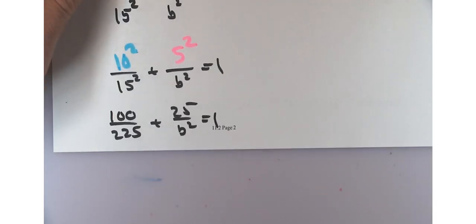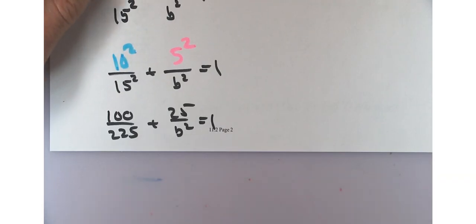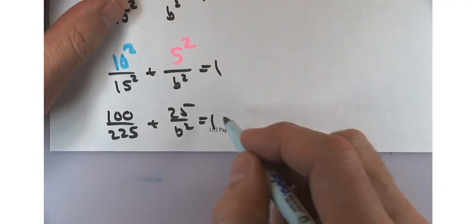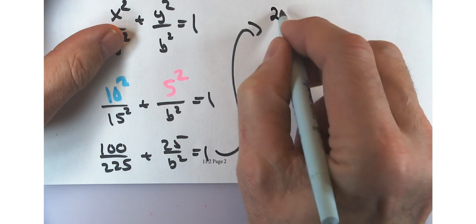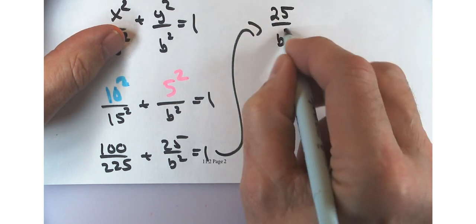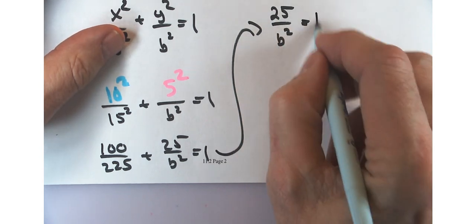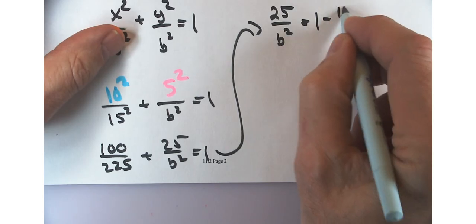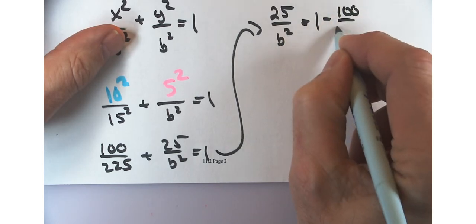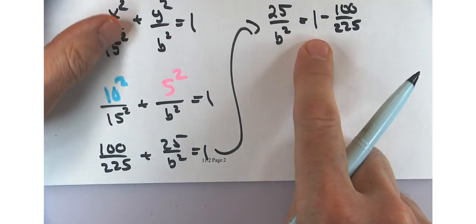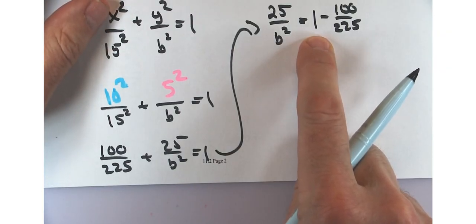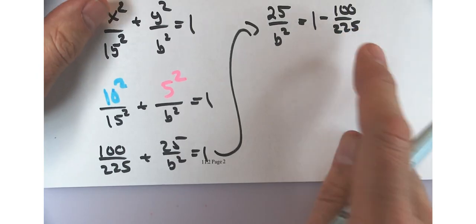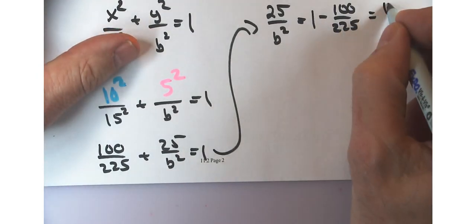Let me move that to the other side. So in terms of solving, I'll get 25 over b squared equals 1 minus 100 over 225. I could think of that as 225 over 225 minus 100, which is going to give me 125 over 225.